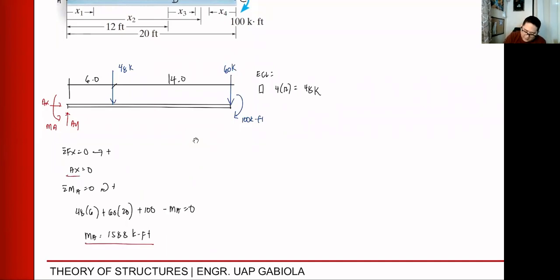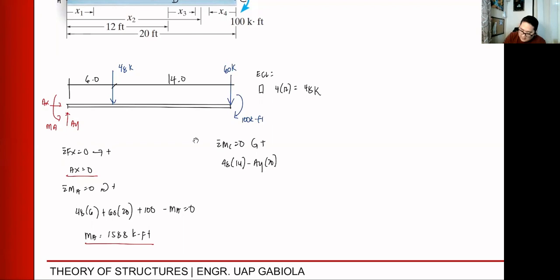And then for our vertical, our summation of moment naman tayo at point C, summation of moment at C is equals to 0. So taking to the right, clockwise as positive, counterclockwise rather. So we have 14, and then si AY will produce clockwise, so minus AY times 20.